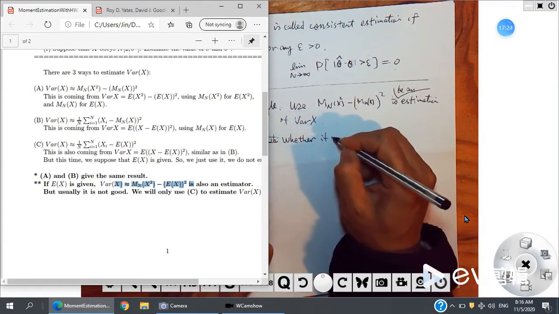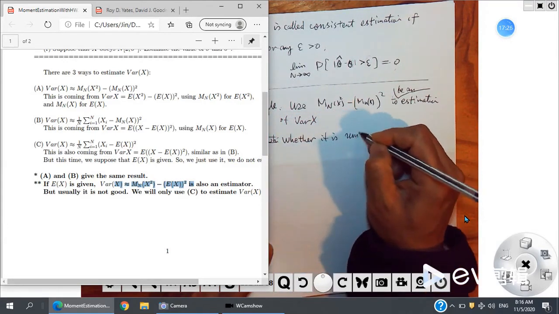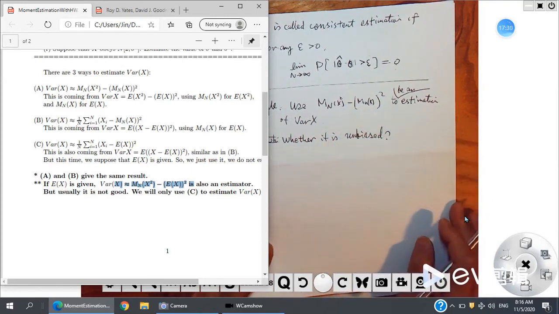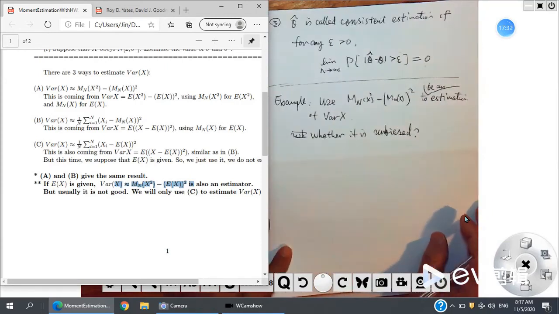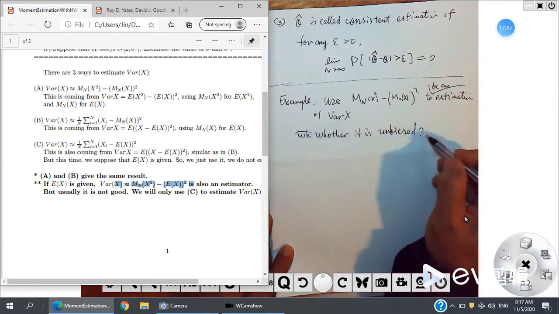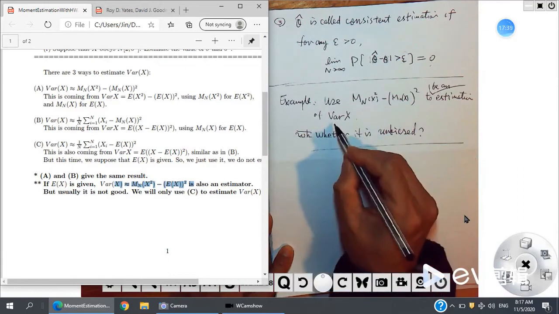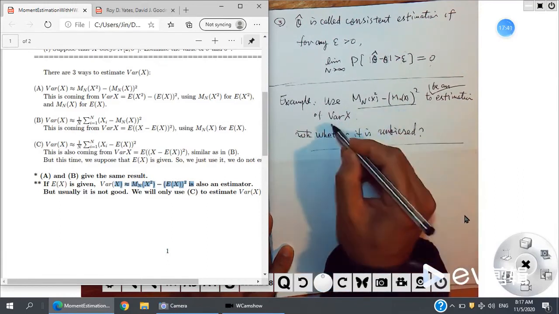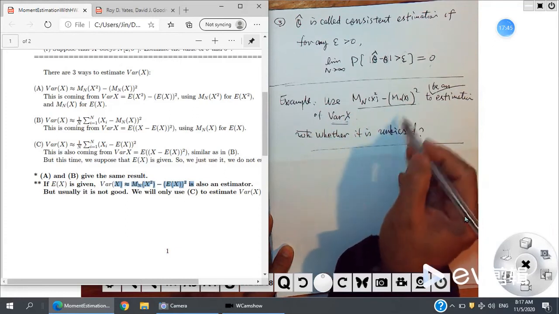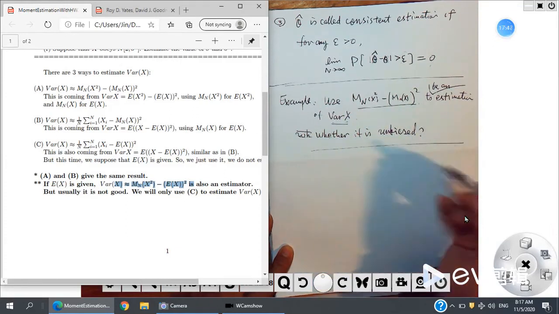We want to know whether it is unbiased. Oh, sorry, it covered some. All right, so I will say this is an estimator of this one, right? Whether it is good, whether it is unbiased. Now we just check.